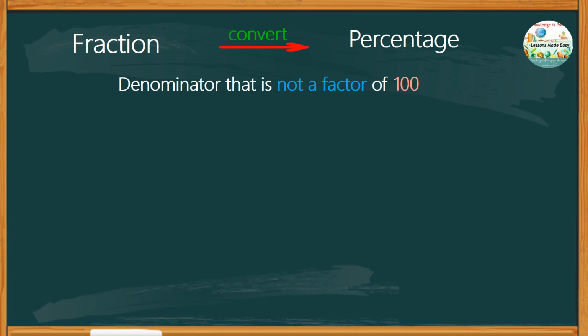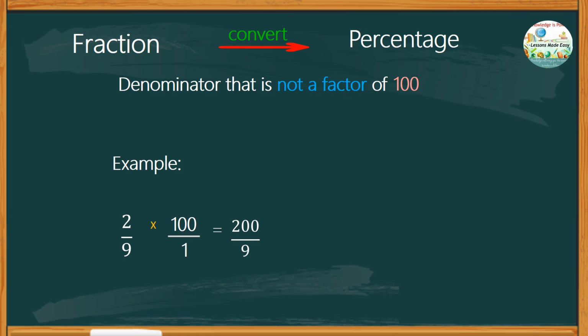But how do you convert a fraction with a denominator that is not a factor of 100 or any powers of 10? Just like 2 over 9. In this example, 9 is not a factor of 100. What should you do? In this case, instead of changing 9 into 100, we multiply the fraction by 100. Since 100 is a whole number, converting it to a fraction comes with 1 as the denominator. We now have a product of 200 over 9.